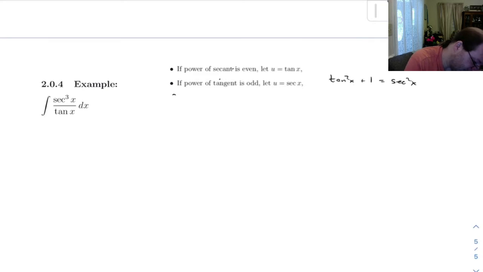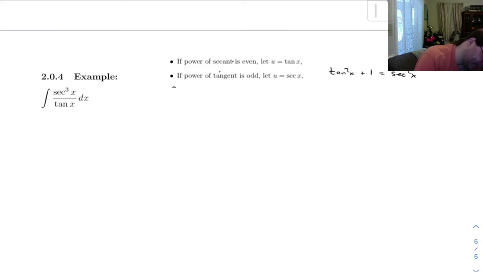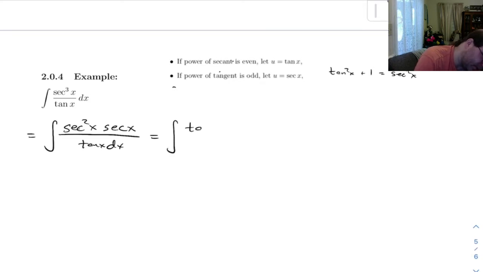So what I want to do is rewrite the secant cubed. I want to take one of those, rewrite secant squared using this, and then we'll still have a secant on it. So let's rewrite this as secant squared x secant x over tan x dx. Let's replace that secant squared with tan squared plus 1 over tan x.